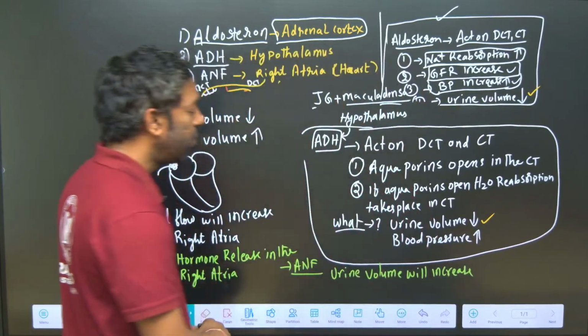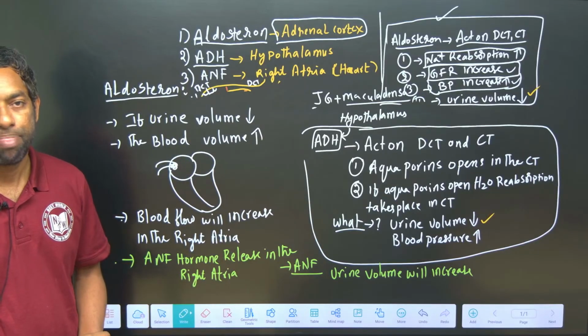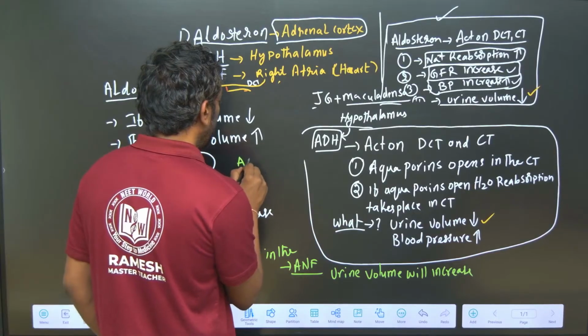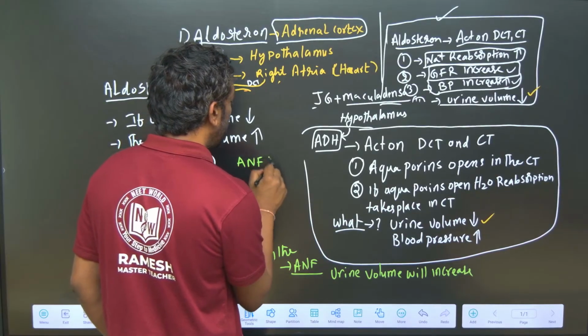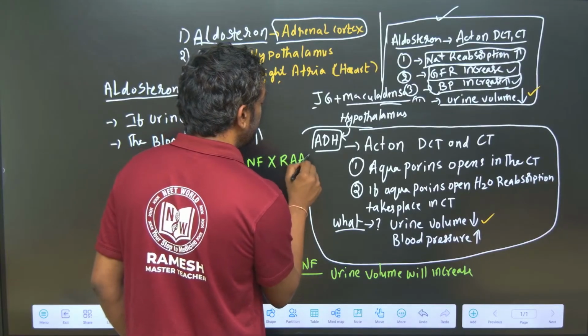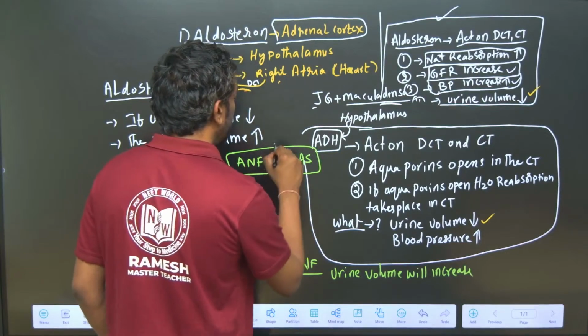Urine volume will increase if the ANF is released. ANF is opposite to the RAS.